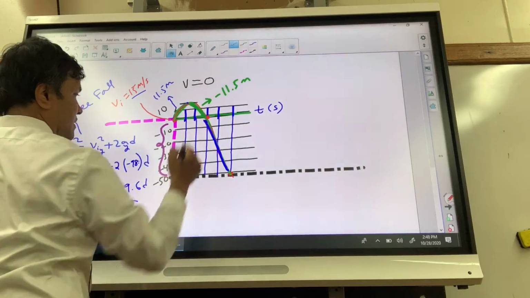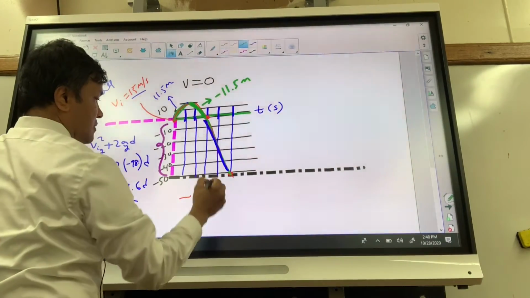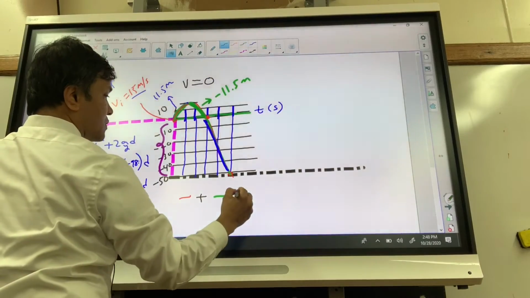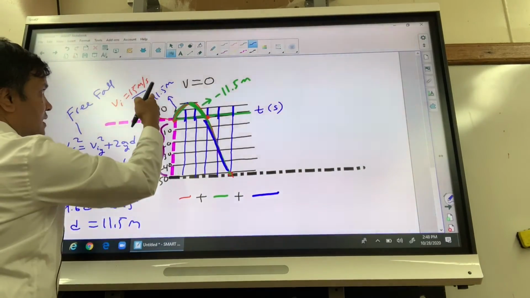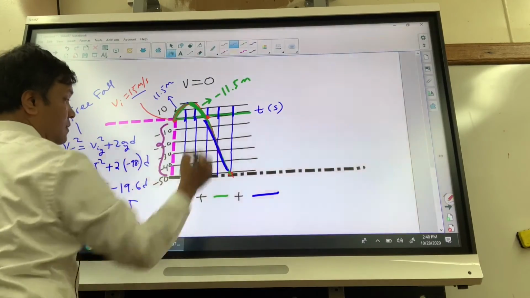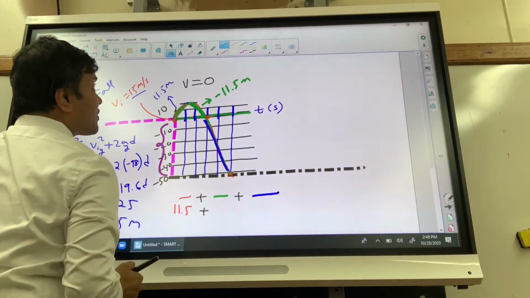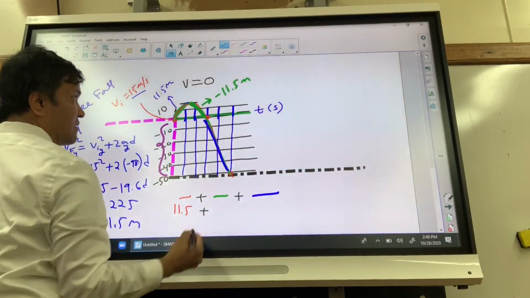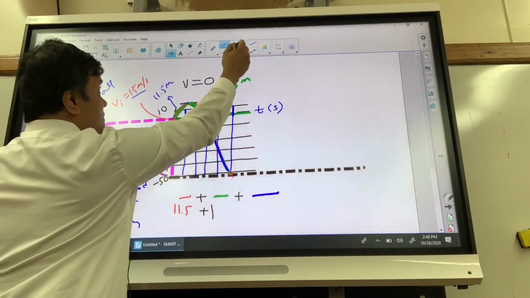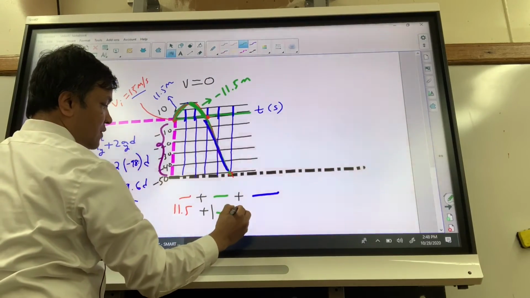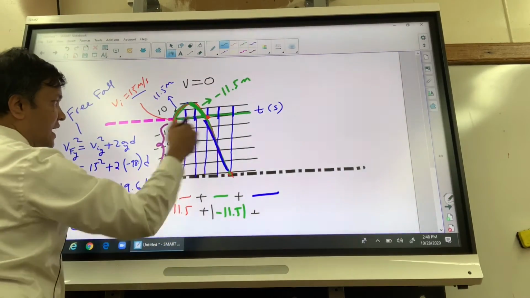Red plus green plus blue. The red is 11.5, plus green, negative 11.5, plus blue, negative 50.